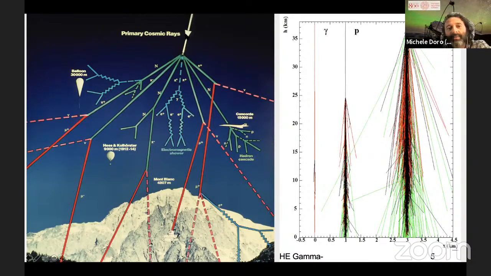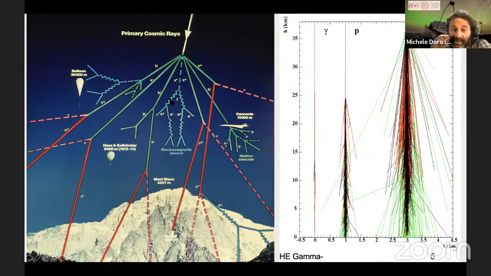So let's start with a proton, for example, a primary cosmic ray. In the atmosphere, you have interaction with the atmospheric nuclei, and what you have is pions. Sometimes you have a neutral pion, and the neutral pion makes gammas.